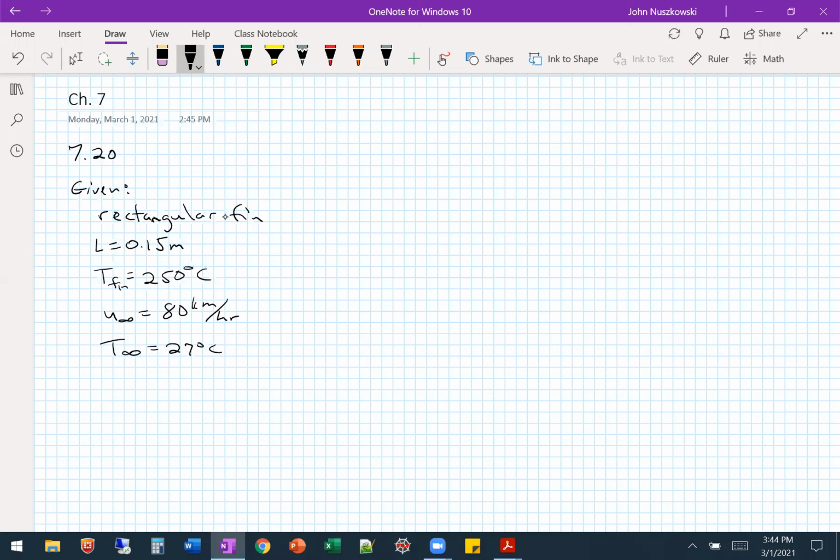So we have parallel flow, and they say it's turbulent. All right, so they want us to find the heat rate per unit length. So it's Q prime, which is Q divided by W.